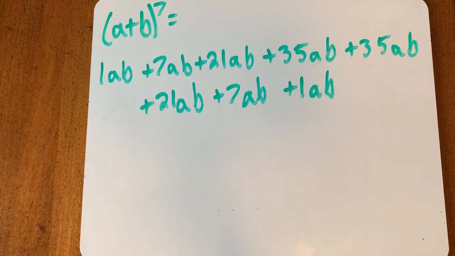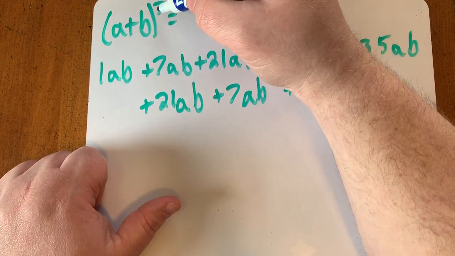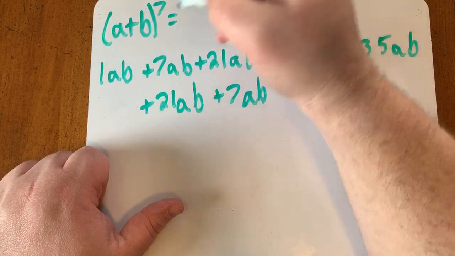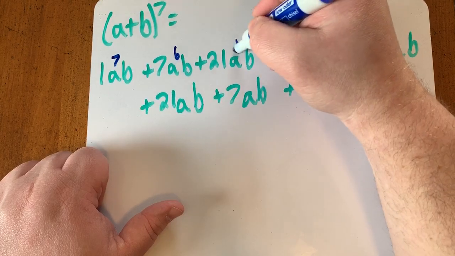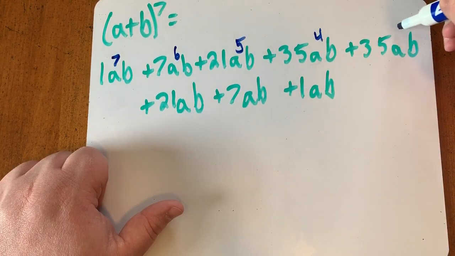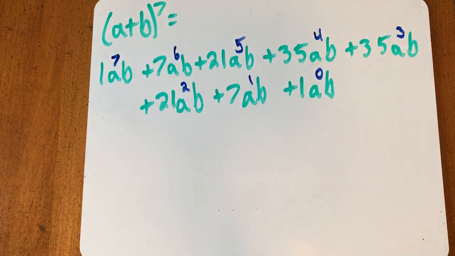Now, the power on your A is going to start with your highest power, so it will be 7, and it will count down. So 7, 6, 5, 4, 3, 2, 1, and 0.